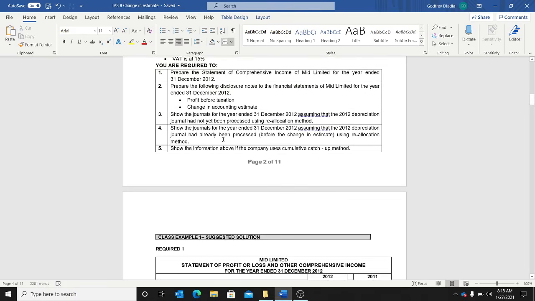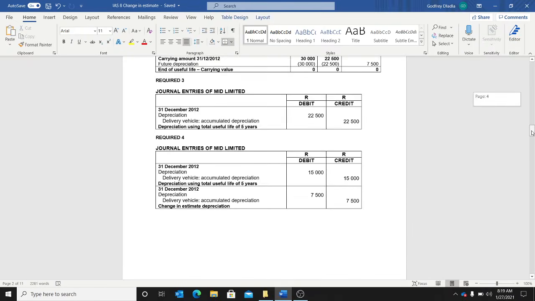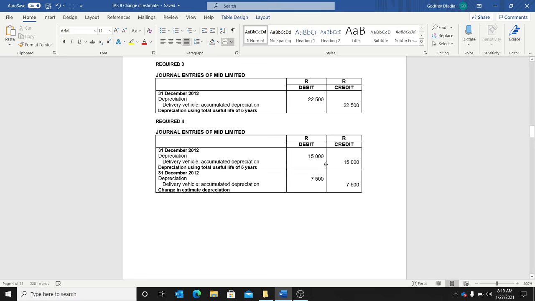So then they say in number 4, do the same thing, but now you must assume that the 2012 depreciation journal entries had already been processed. So they are saying to you, if this entry would have been processed now, the original one of 15, you will then also add the 7.5 separately.